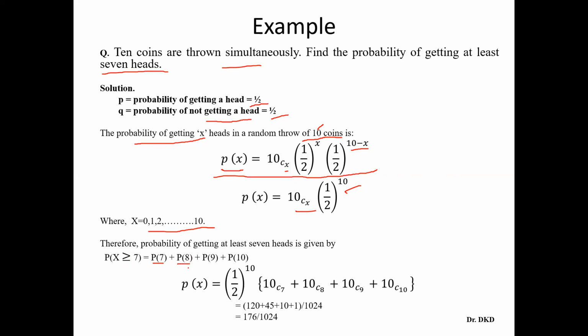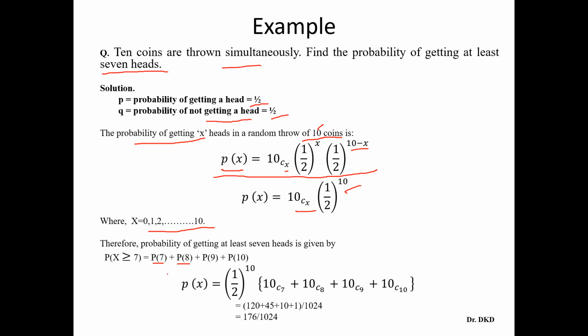It may be 7, it may be 8, it may be 9, it may be 10. This means there is a chance that all 10 coins get heads, or 9 coins, or 8 coins, or out of 10, 7 coins get heads at a time if we toss simultaneously.